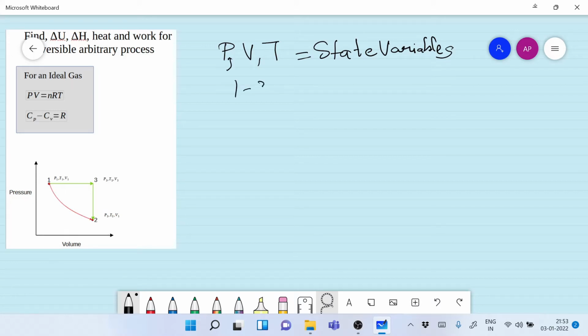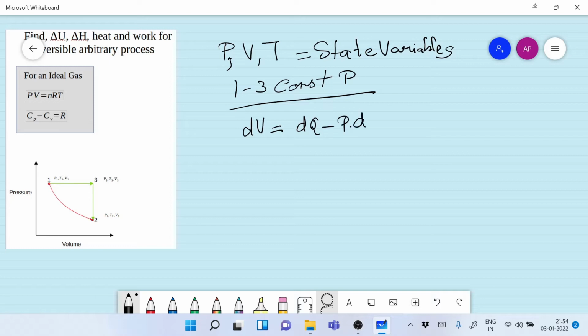1 3 is a constant pressure process. For a closed system, the first law can be written as dU is equal to dQ minus P dV.